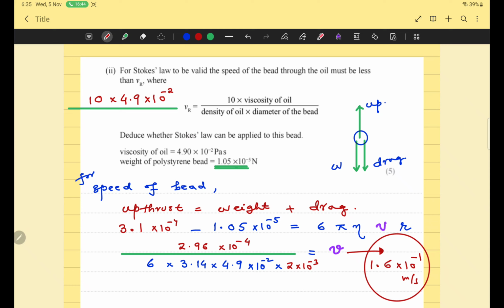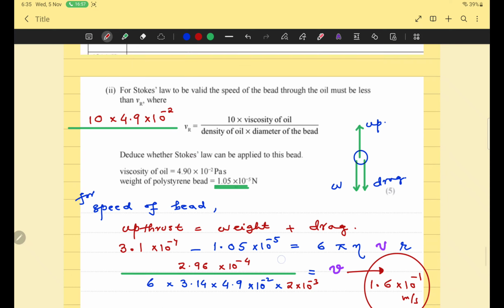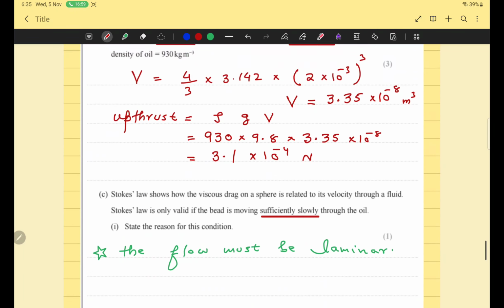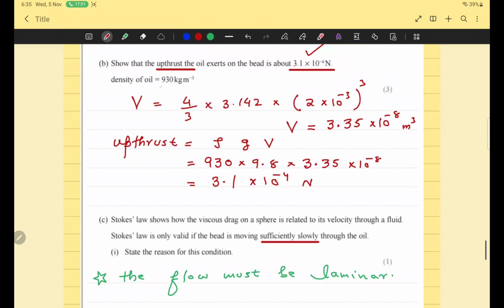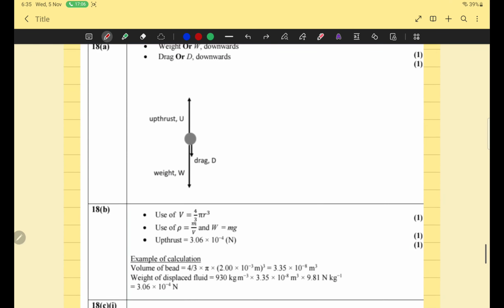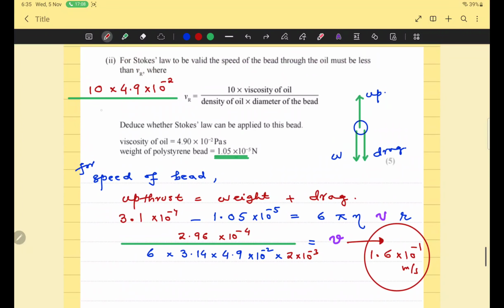In the denominator, density of oil. In this page, we are not given density of oil. Density of oil is here, 930.